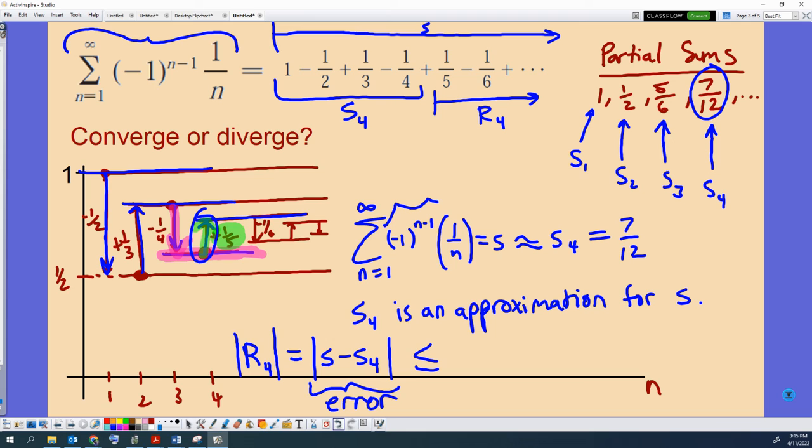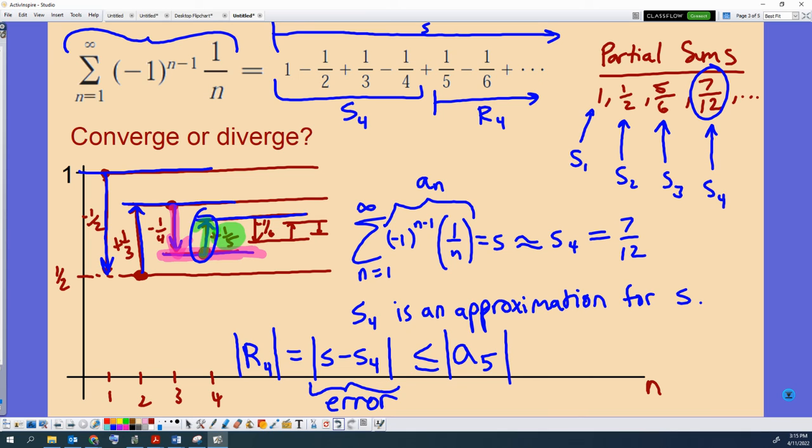If this whole thing is a sub n, the terms of our series, then what I want is a sub 5. And again, I'll throw this in absolute values, so we're not paying any attention to the sign of this, whether it's positive or negative.